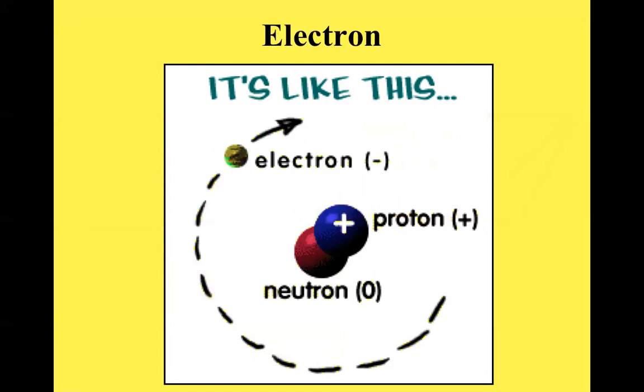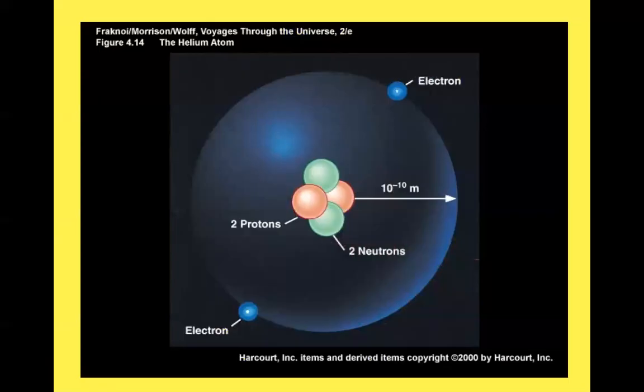When we put the subatomic particles together, we wind up with the atom. Here's a nice picture of a helium atom. In a helium atom, there are two protons and two electrons. Atoms are always neutral, so you have two positives and two negatives, and the neutrons are neutral.